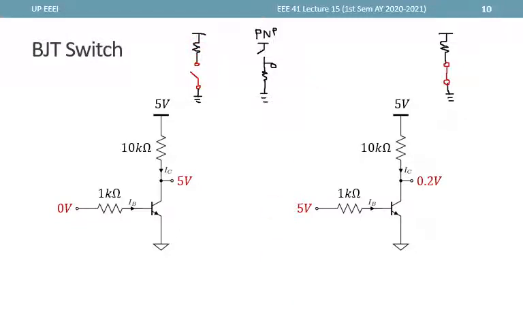But when the PNP is on, ideally the output must be equal to the supply voltage, but because of the VEC sat of the PNP, it would be approximately a bit lower than the supply voltage. So if VEC sat is 0.2 as well, then in this configuration, the output will be 4.8 volts.